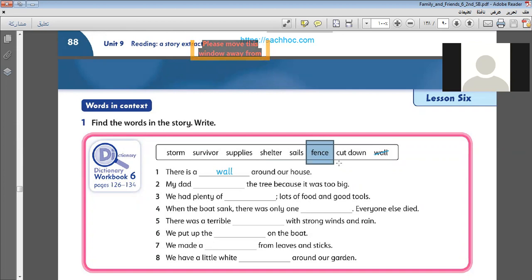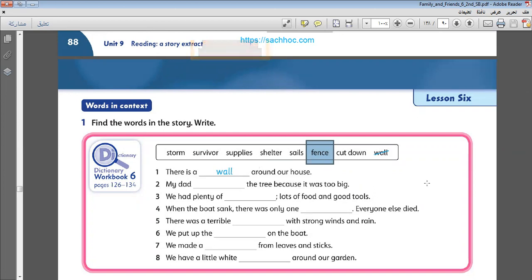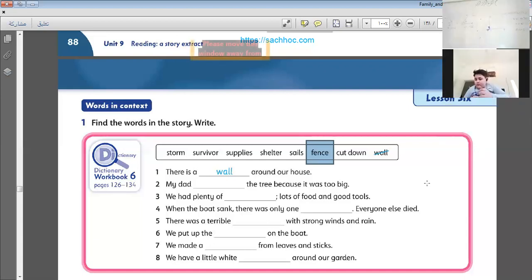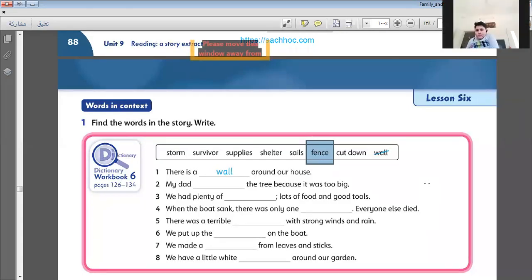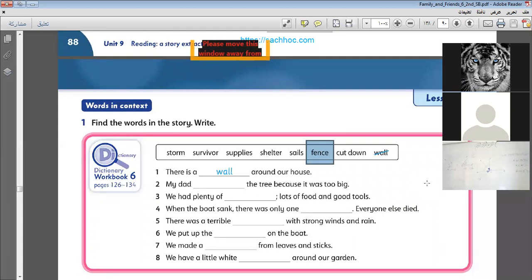Did you write all the answers, Bara? Mohammad Fares, can you hear me? Yes, teacher. Number 8, what do you have? We have a little white fence around our garden.